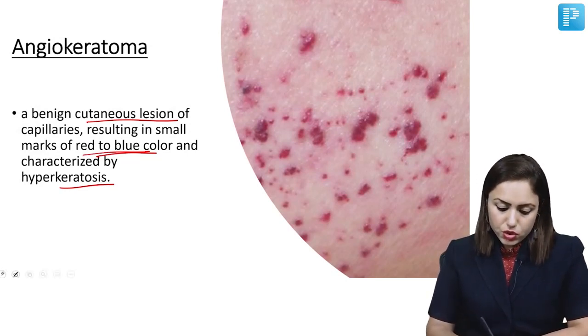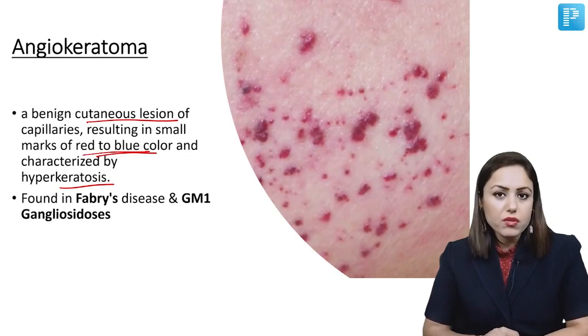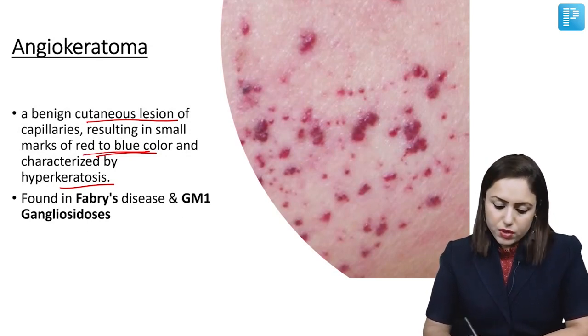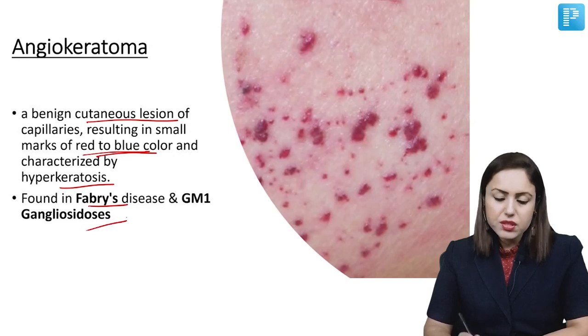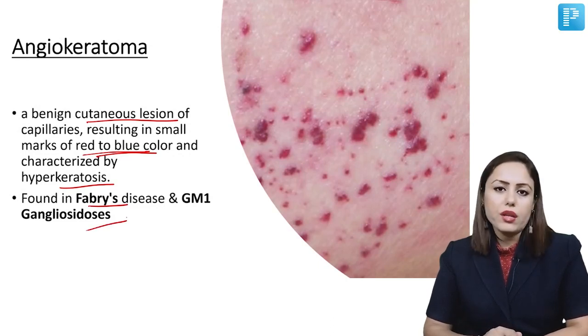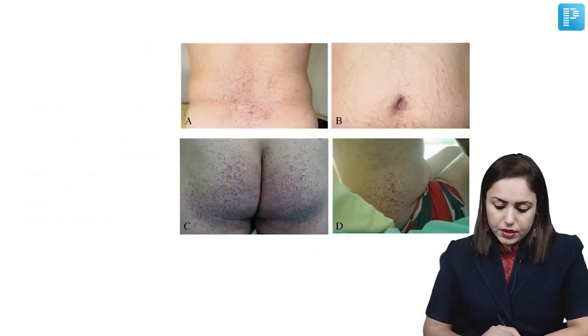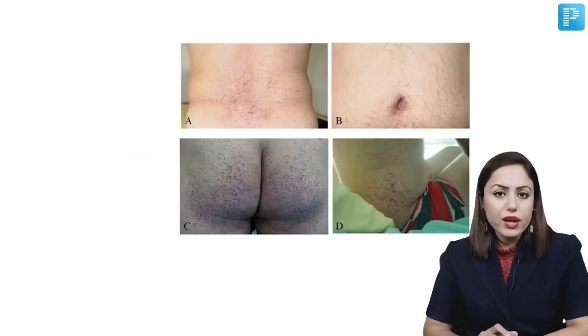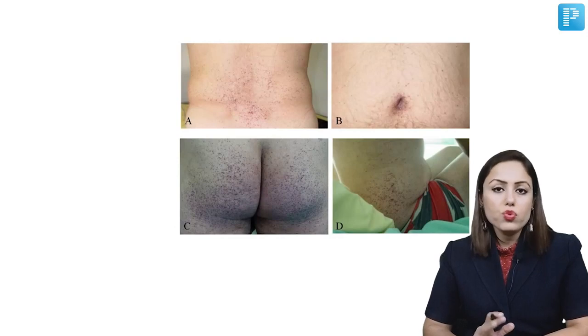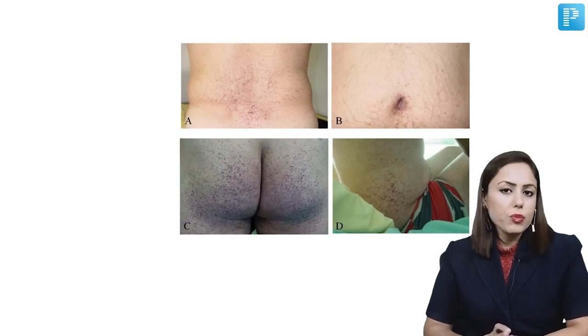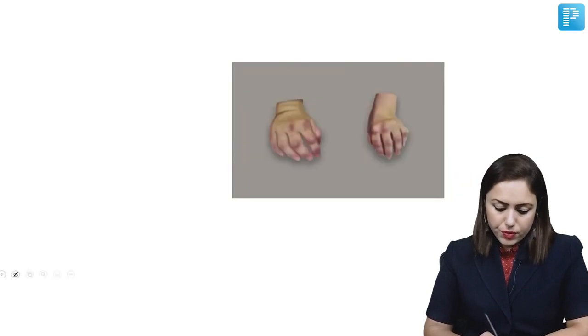So, this angiokeratoma is found in which sphingolipidosis? It is found in Fabry's disease and GM1 gangliosidosis, right? Then you can also see this picture of angiokeratoma, so you are able to recognize when image based question is asked. So, this is angiokeratoma.